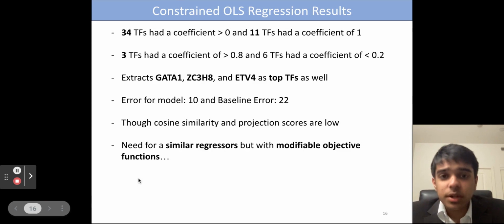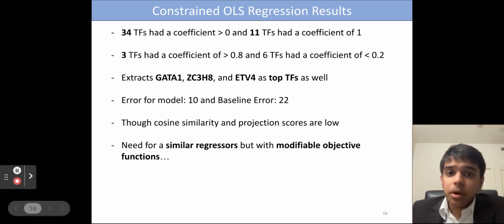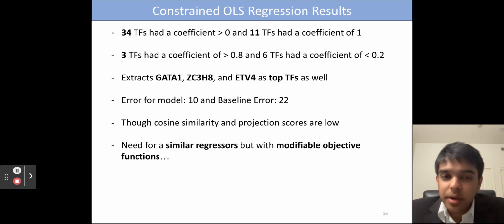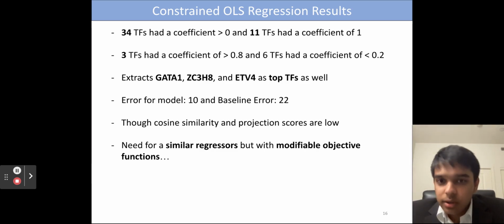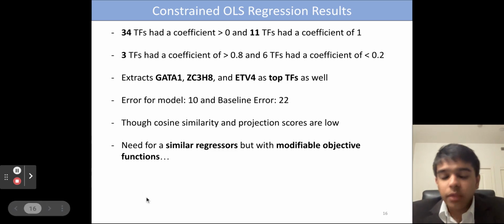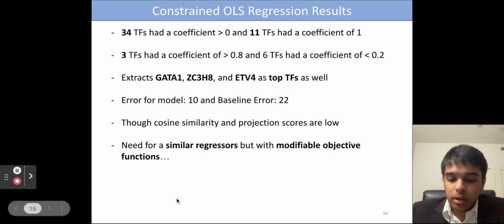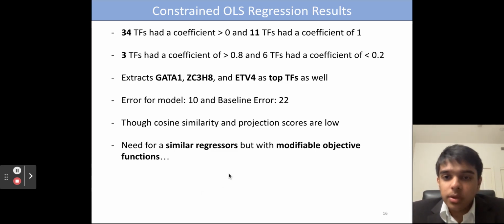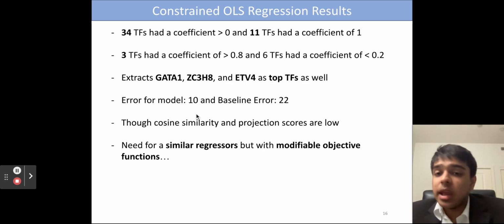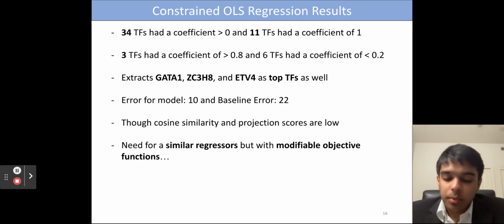So the results of the constrained OLS regression, which rather than just predicting binary perturbations, also predicts titrations of perturbations, was surprisingly a lower conversion rate than the greedy algorithm, though it still extracted crucial results. One reason it was a lower conversion rate was because the objective function is the error rather than the cosine similarity.